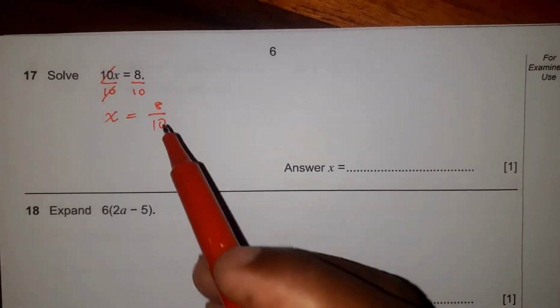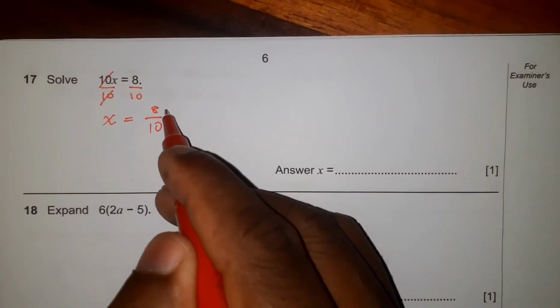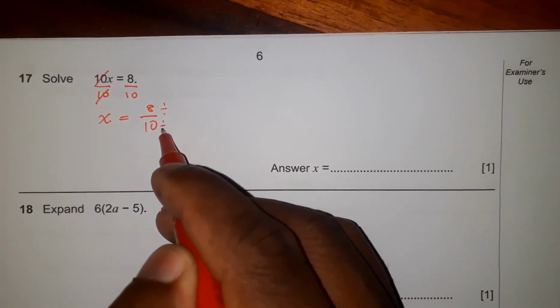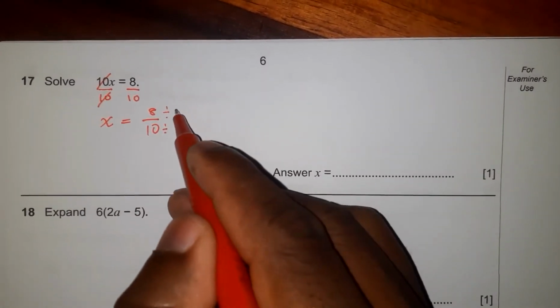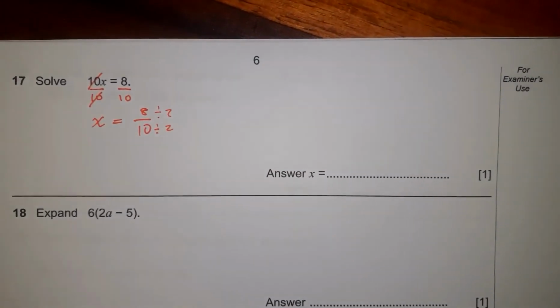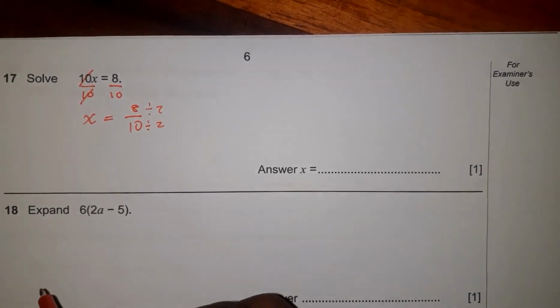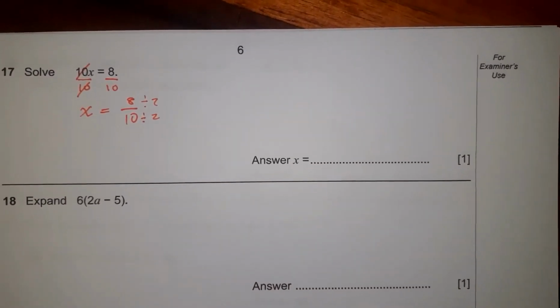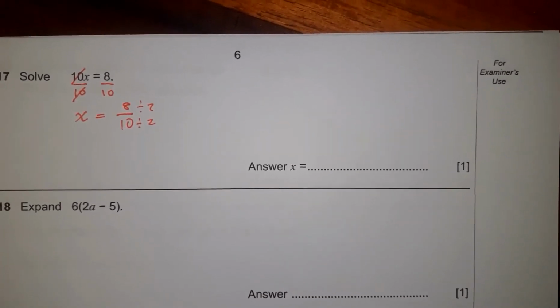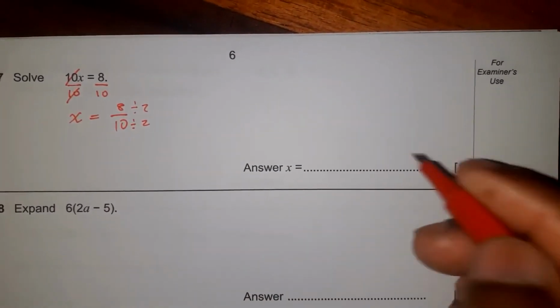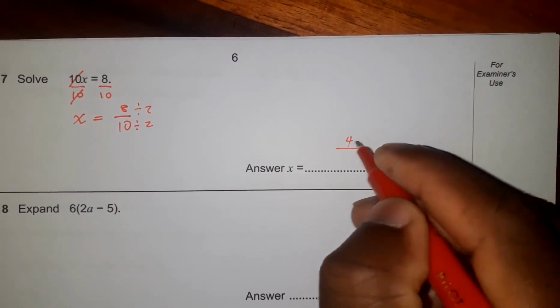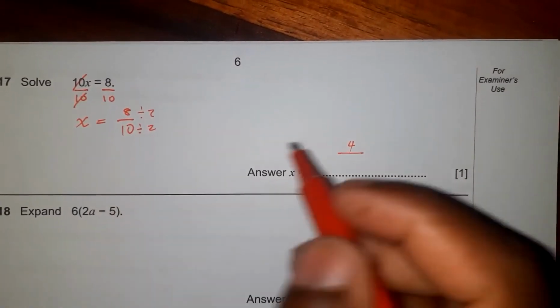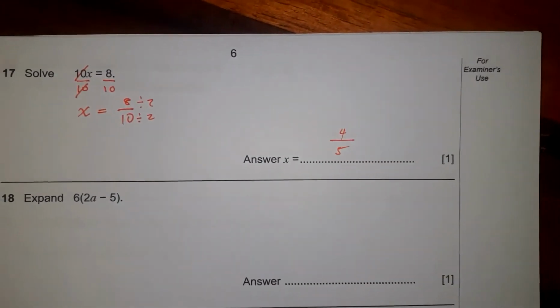In our case, the number that can go into 8 and 10 without leaving a remainder is 2. 8 divided by 2 is 4. 10 divided by 2 is 5. That is the answer there.